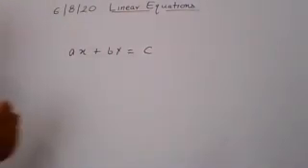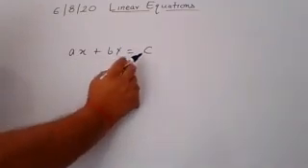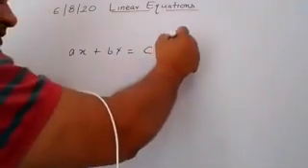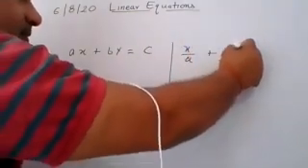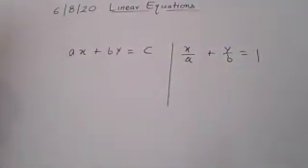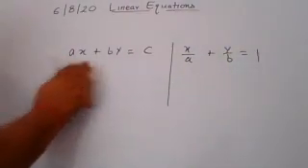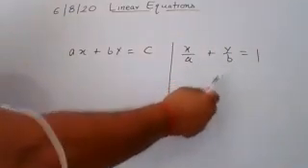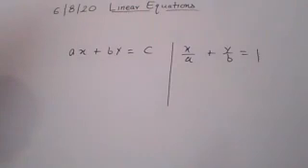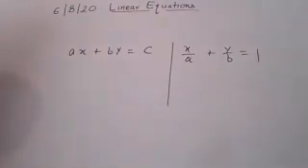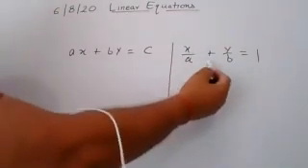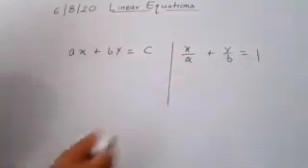But here, first of all you convert the given line into the form x upon a plus y upon b is equal to 1. That form is known as the intercept form, which we will study later in the chapter on straight lines. But we use it here to make things easy.